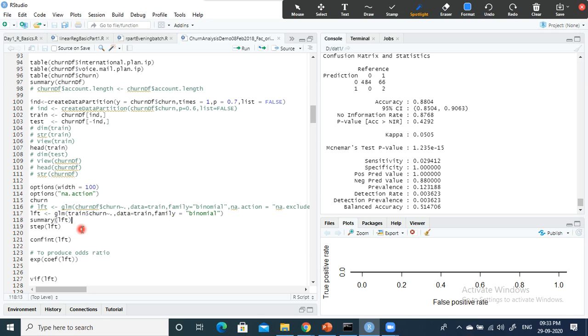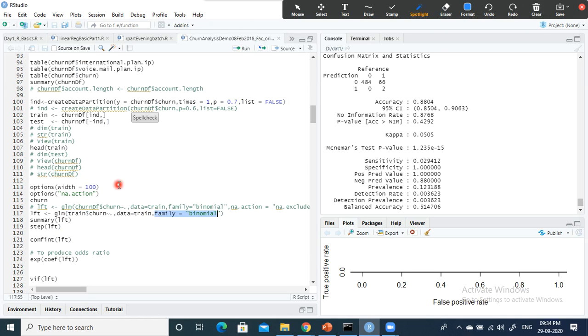With the GLM function, similar to the linear regression model, the first argument is the dependent variable, followed by the tilde, and I just put a dot. That means include all the independent variables. Use the training data set. Next, you need to specify without fail in R, family equal to binomial. That means binomial logistic regression.